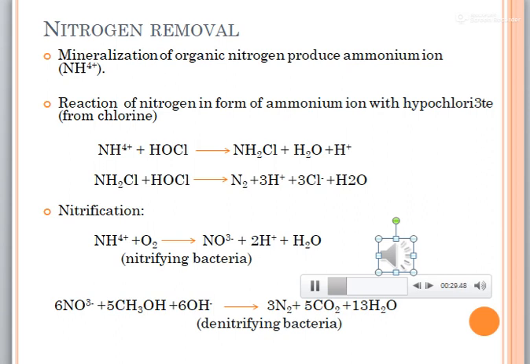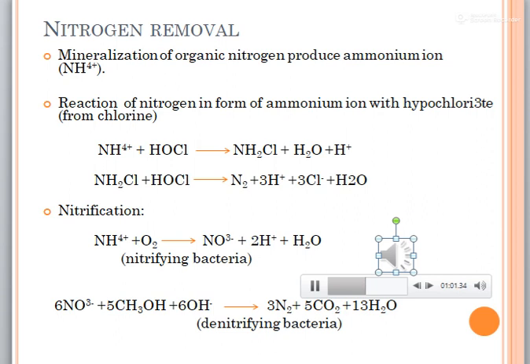The most common chemical process for nitrogen removal from wastewater is the reaction of nitrogen in the form of ammonium ion with hypochlorite, which is produced from chlorine, to produce elemental nitrogen that is evolved as a gas. The reaction is as follows. Ammonium reacts with the hypochlorite, resulting in the conversion to nitrogen gas that is evolved as a gas.